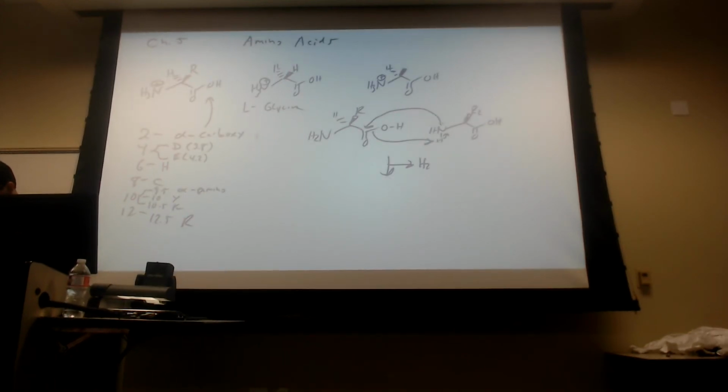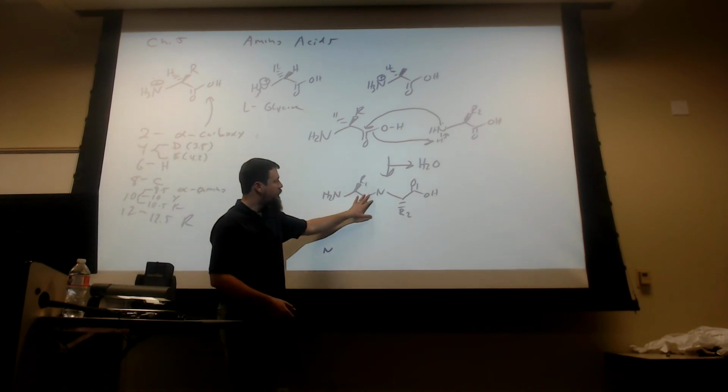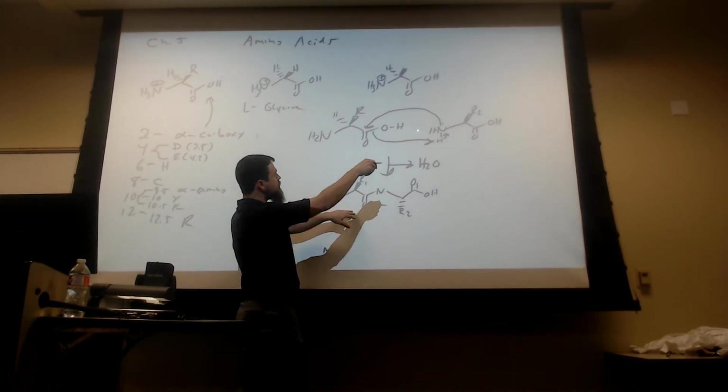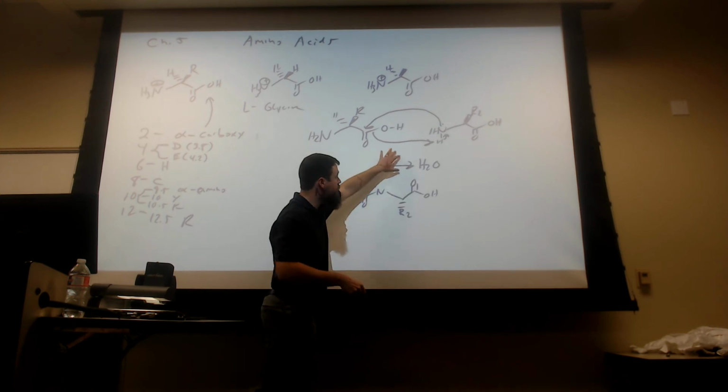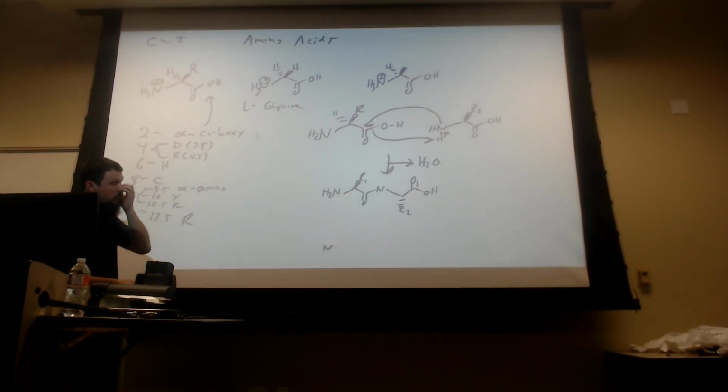Water leaves, and we form the NH2, R1. At this point this should be pretty common knowledge, I hope. This is how proteins are built from amino acids, and we start connecting them together. Water is lost, so this is lost. You should know this mechanism for how this forms.